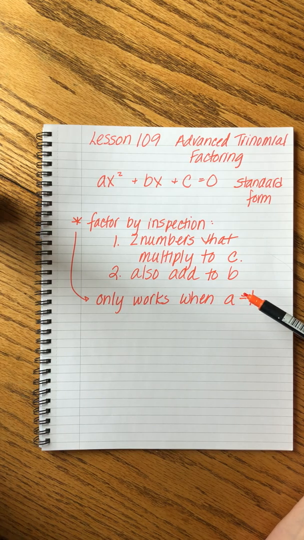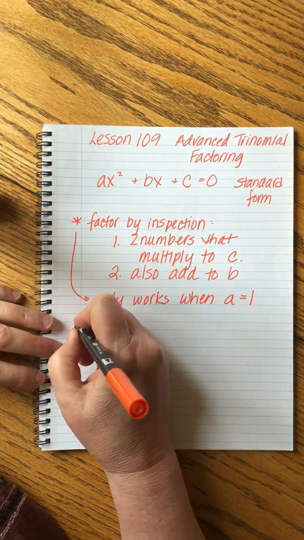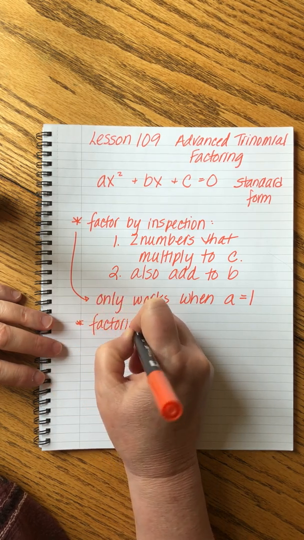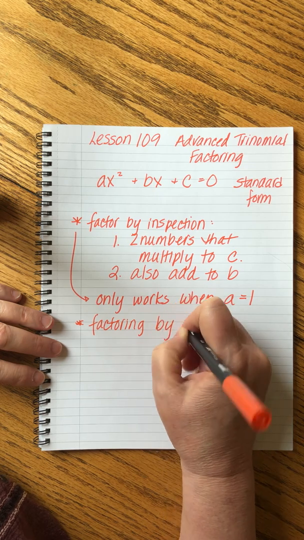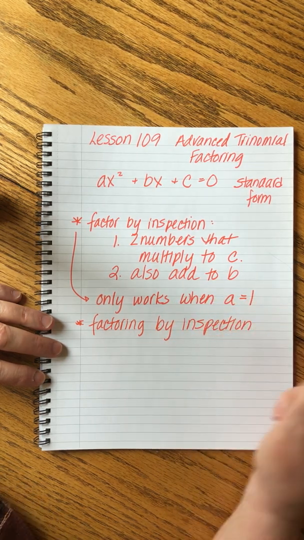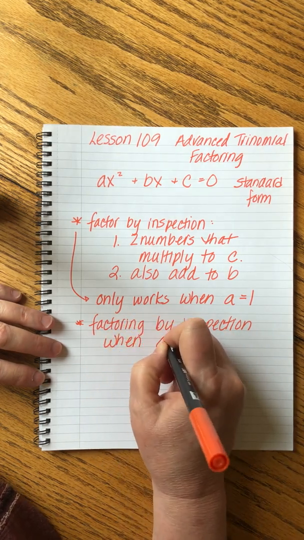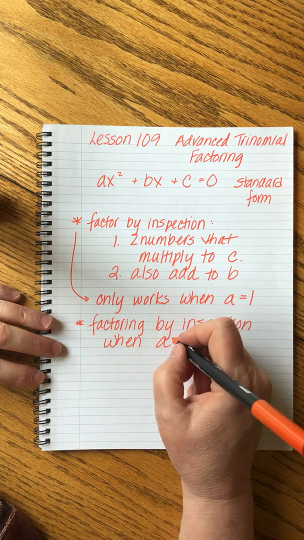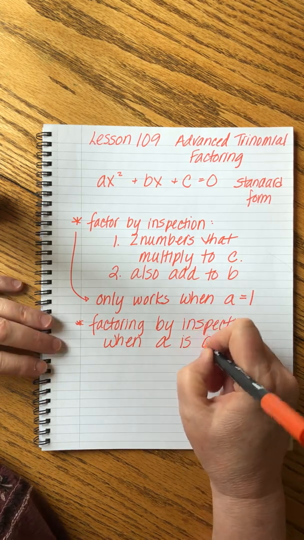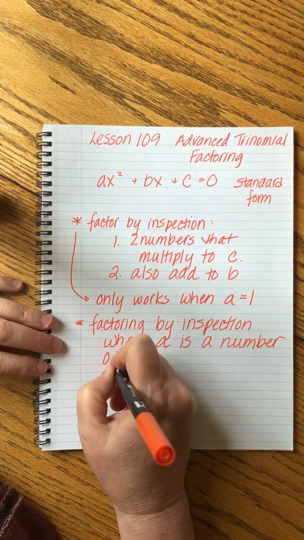But what about if A is equal to any other number? So we're still going to be factoring by inspection, which is to say we're going to be looking at it when A is a number other than 1.